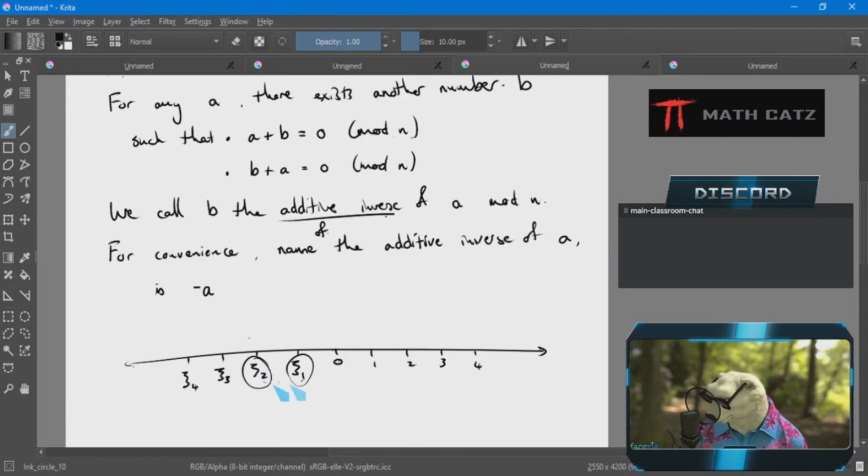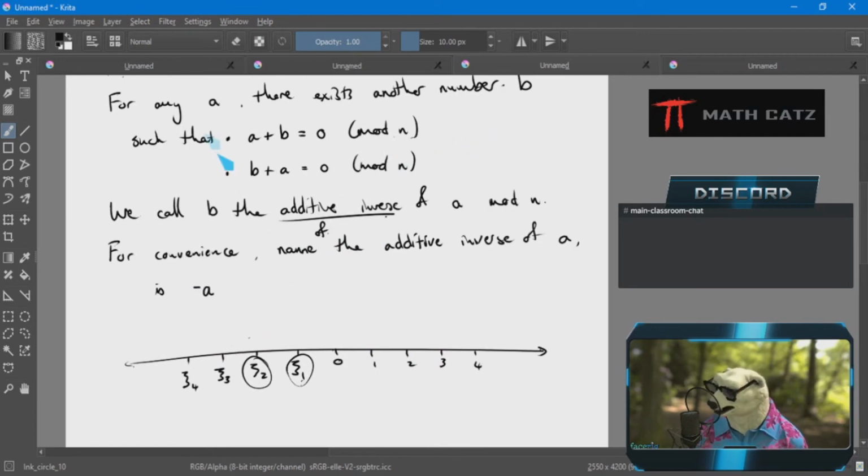When I add squiggle 2 to 2, I get 0. It's the additive inverse of 2. Additive inverse of 3. Additive inverse of 4. So they wanted to name them in a way that reminds me visually as well that they are the counterparts of the positive integers. And they decided on this naming convention.